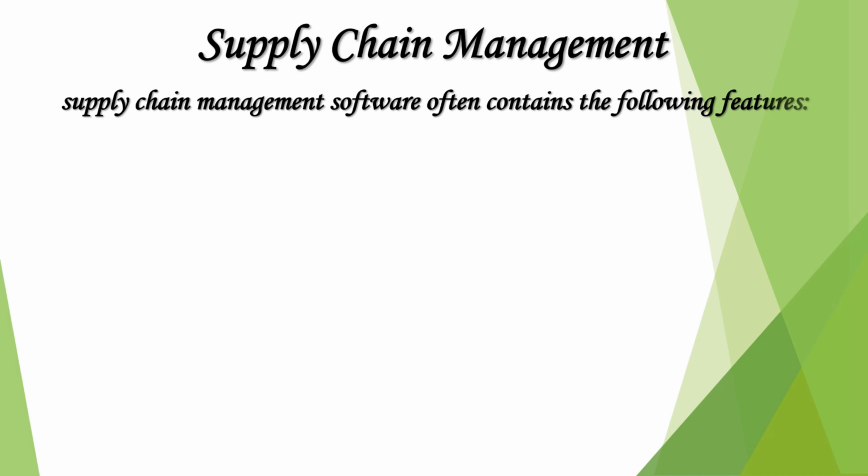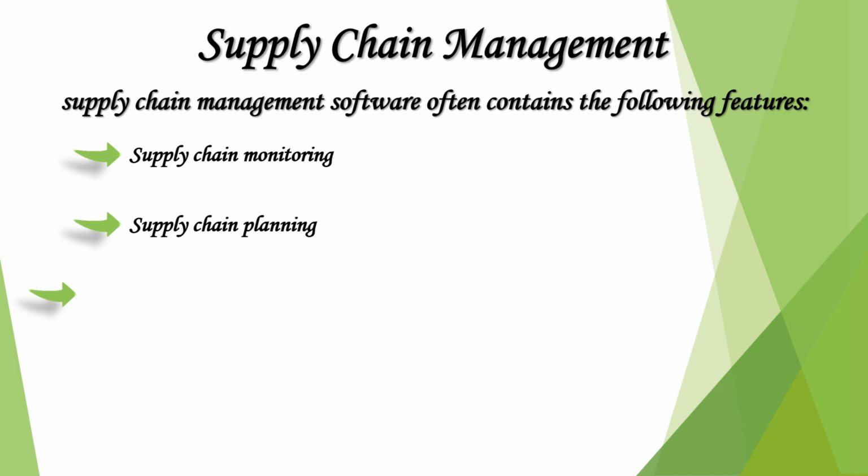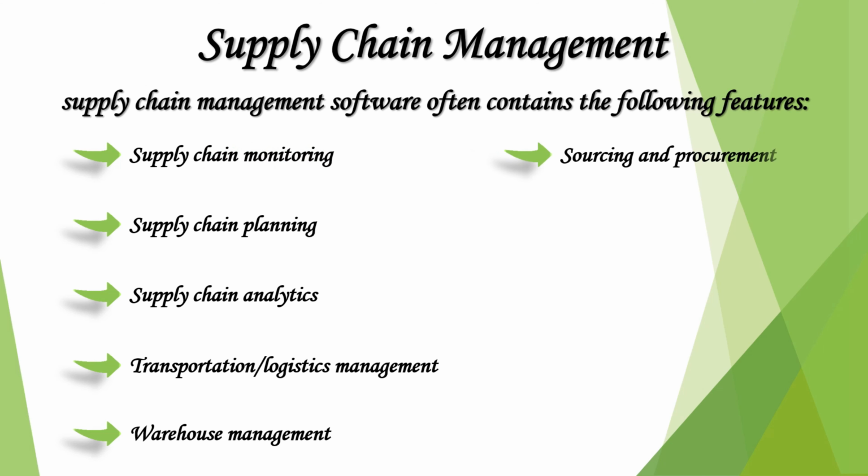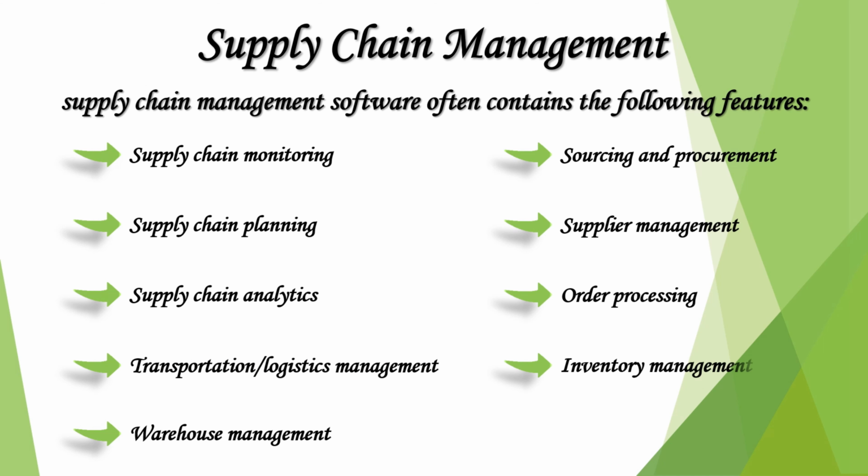Supply chain management software often contains the following features: supply chain monitoring, supply chain planning, supply chain analytics, transportation, logistics management, warehouse management, sourcing and procurement, supplier management, order processing, inventory management.